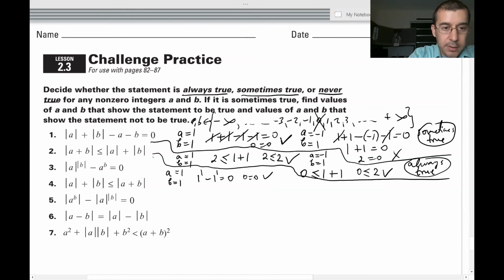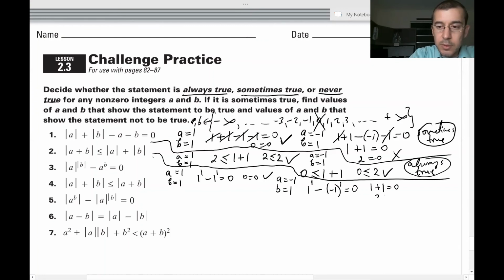Let's try a equals -1 and b equals 1. Absolute value of -1 is 1, b is 1, so 1 to the 1 power, minus, now a is -1, so -1 to the power of b, which is 1, equals 0. -1 to the 1 power is -1, so minus -1 is +1.